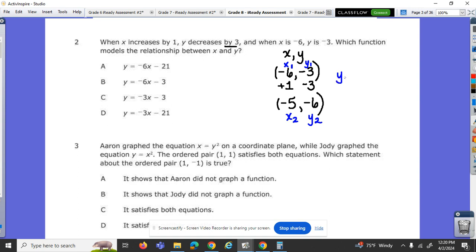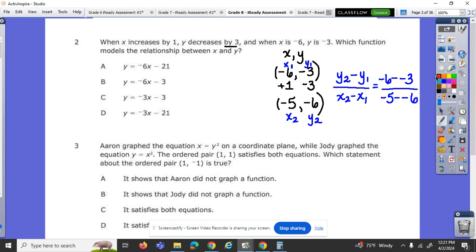So y2 minus y1 over x2 minus x1. So that would be negative 6 minus negative 3 over x2 negative 5 minus negative 6.